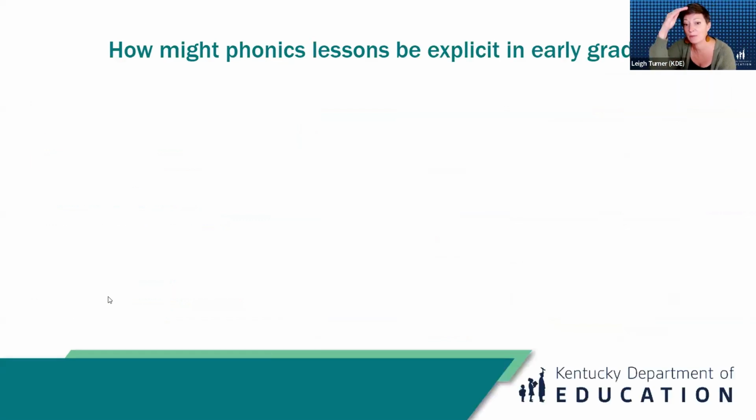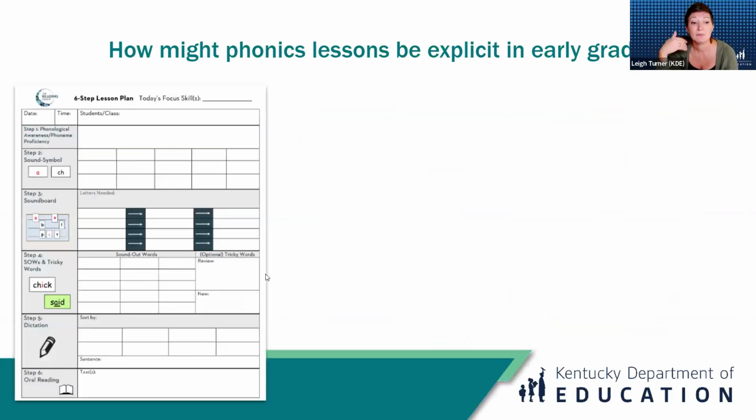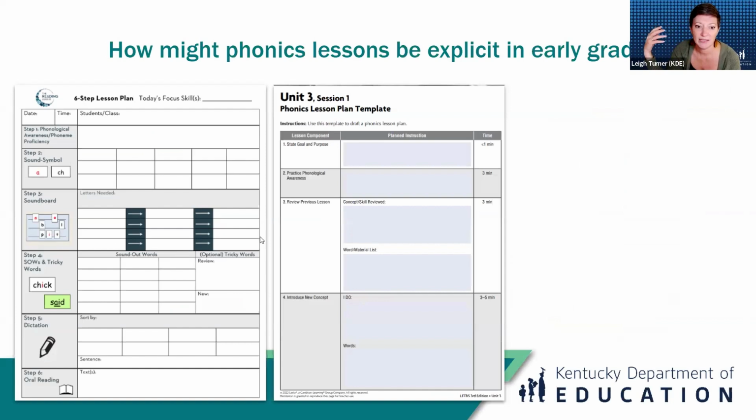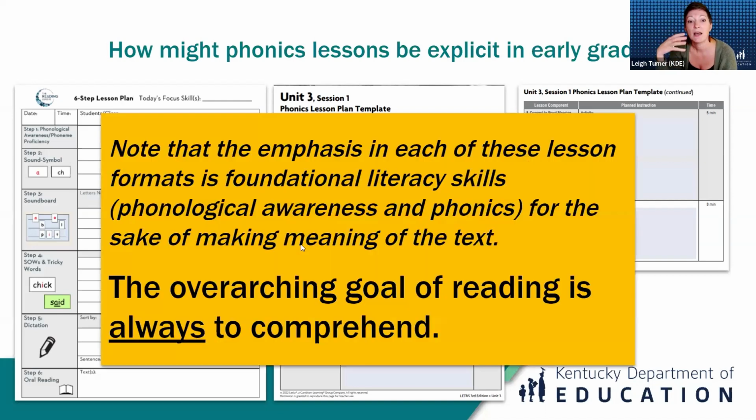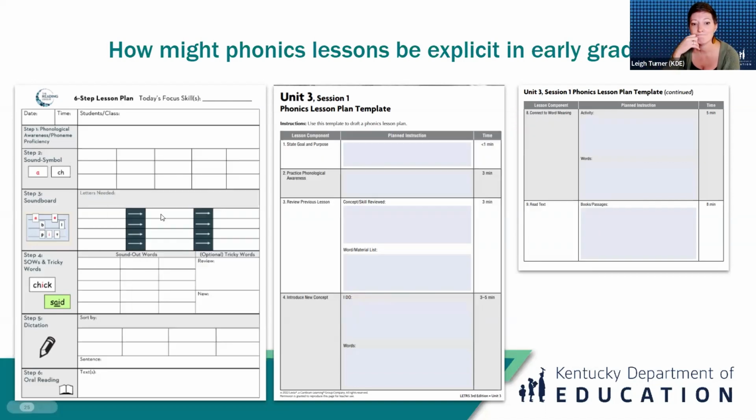In addition to having a particular sequence, as I said, we have to be very explicit. And there's a lot of lesson plan templates that you can find online. The Reading League has an excellent one. The second one here is a two-pager. It's by letters. Anything that's a structured literacy template or an OG template, Orton-Gillingham, is going to have an explicit phonics template.